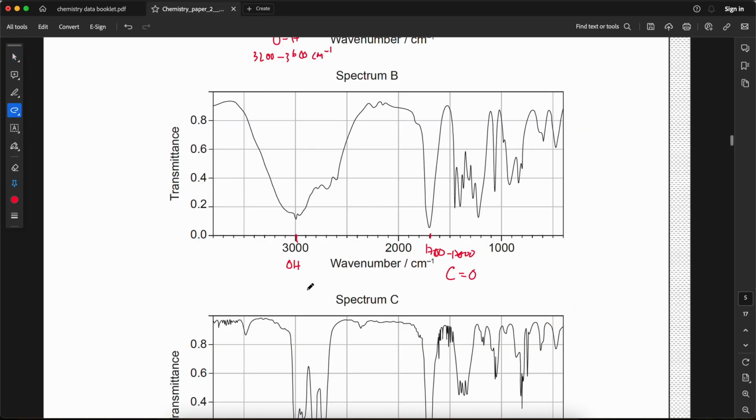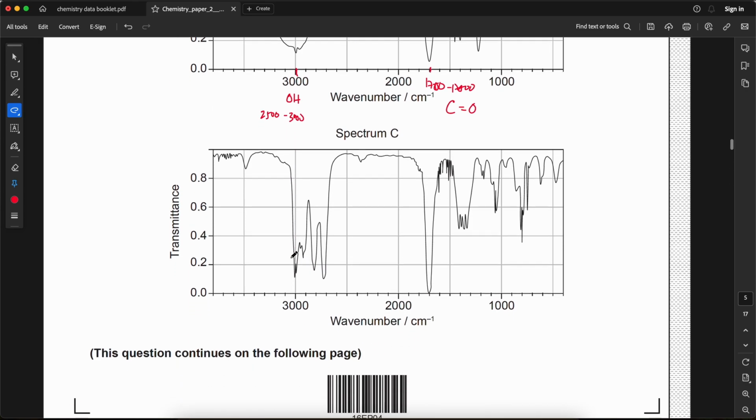And the third one, there is no 3000 here. It's not a very sharp peak. So there is no OH, but it has C double bond O, which is propanal.